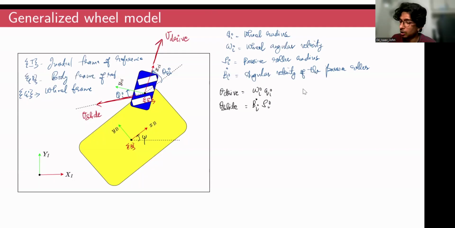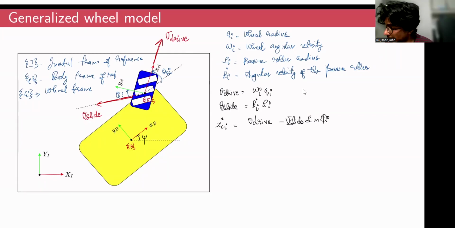The velocity along this XCI dot is nothing but V drive, because V drive is already along that direction. Then we have a component of this V slide along this line of action. That component would be minus V slide sine phi I.